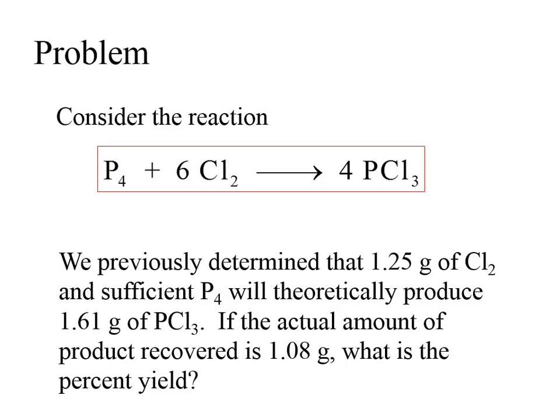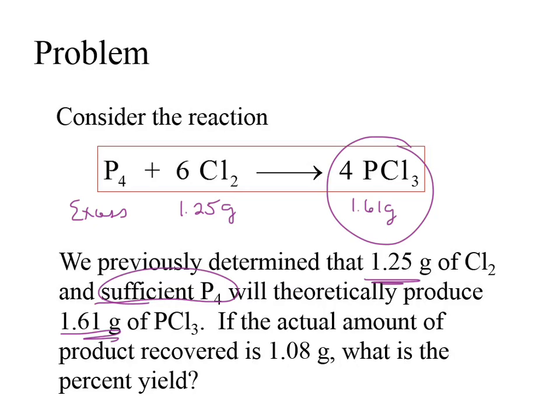This is one that we actually did on Friday. We said if you have 1.25 grams of Cl2 and sufficient, i.e. excess, P4, then ordinary stoichiometric calculation says that we should produce 1.61 grams of product.